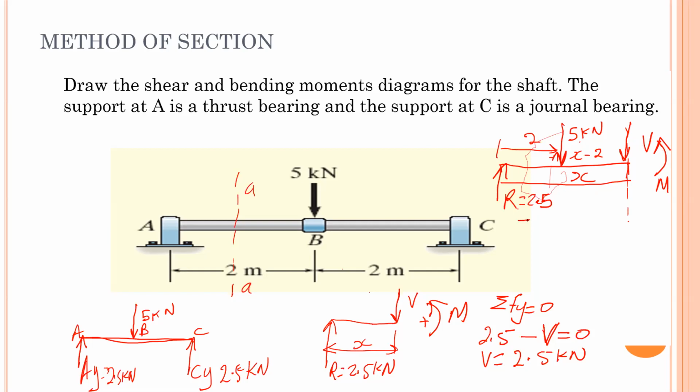So we need to use the same sum of y equal to 0. And we're going to find out what is the shear force acting right here. So the shear force, in kilonewton, is going to be 2.5, which is going up, the reaction. One that is coming down, which is minus, and one that is going down, which is minus V, equal to 0.